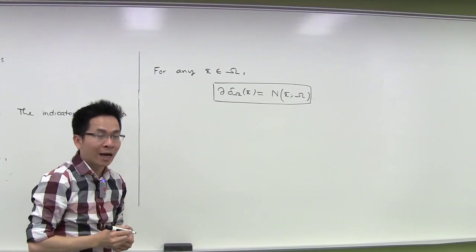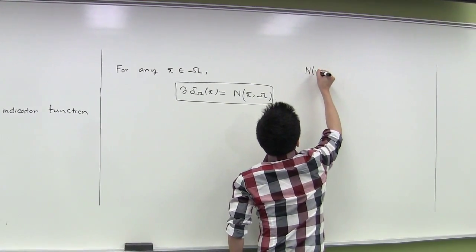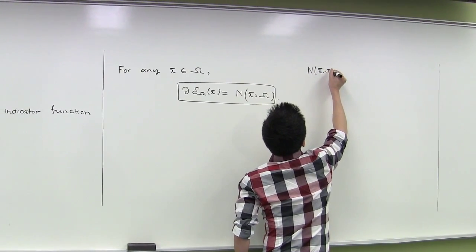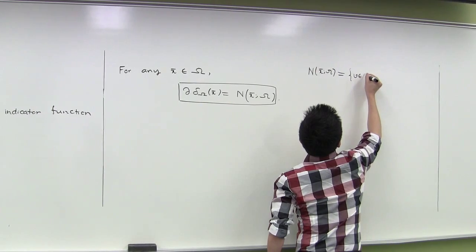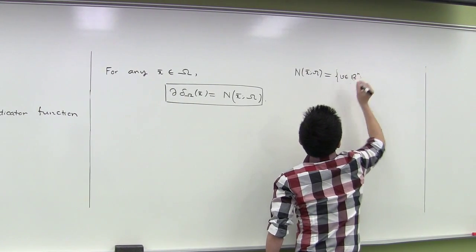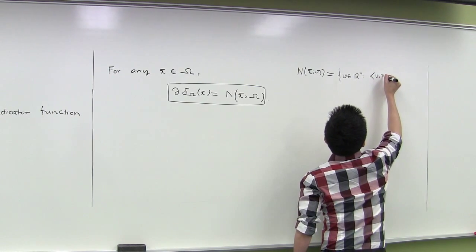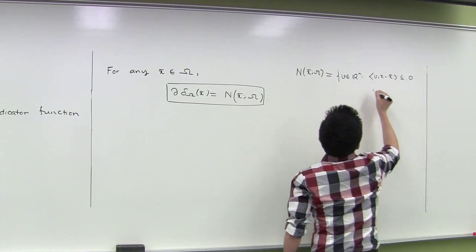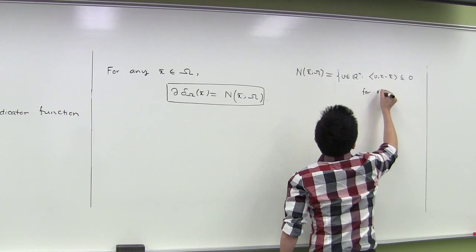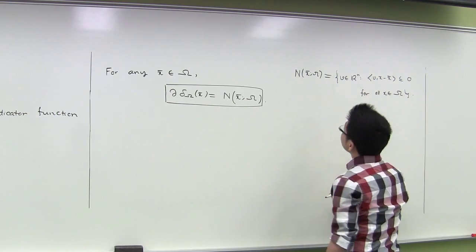And recall that the normal cone to omega at x bar is defined as the set of all v in Rn such that the inner product of v and x minus x bar is less than or equal to 0 for all x in omega.